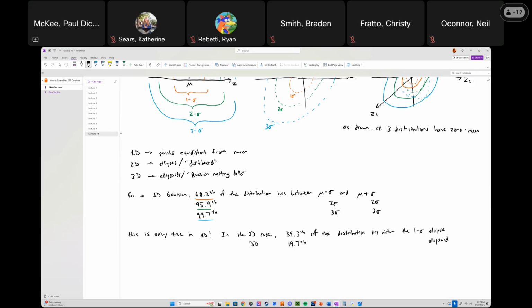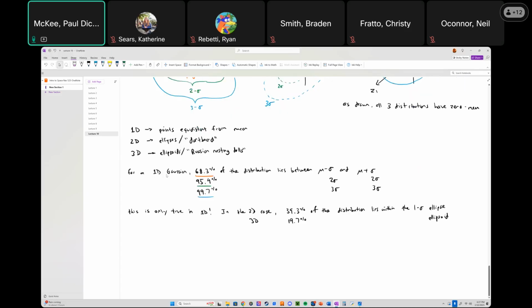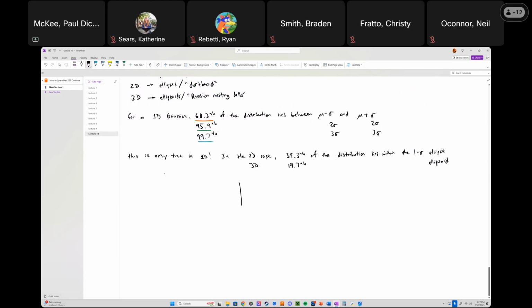Okay, so what's going on there? I like to think of it this way. We'll look at a 2D case. So let's say this is Z1 and this is Z2, and let's say that our mean value is right here. So we've got some mu1 and some mu2.